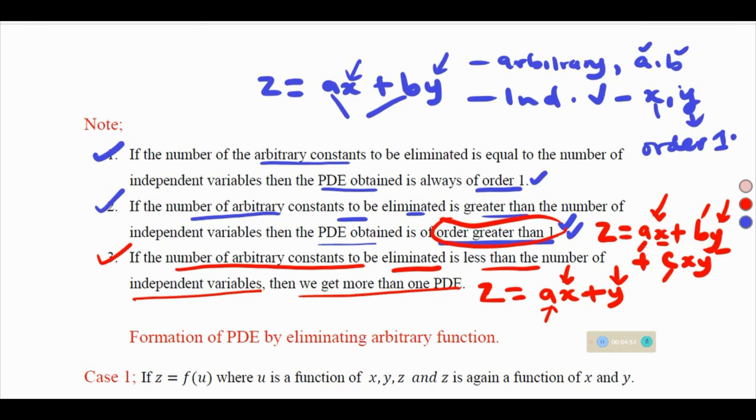So the number of arbitrary constants to be eliminated is only 1, and the number of independent variables is 2. So the number of arbitrary constants to be eliminated is less than the number of independent variables. And for this case, when you eliminate this a, you will have more than one partial differential equation.